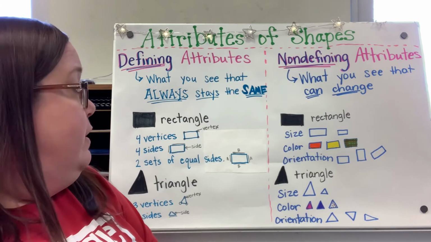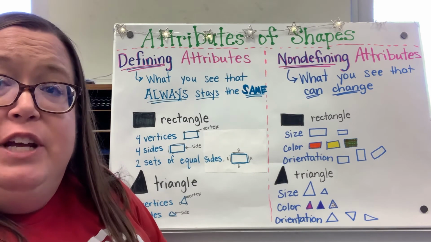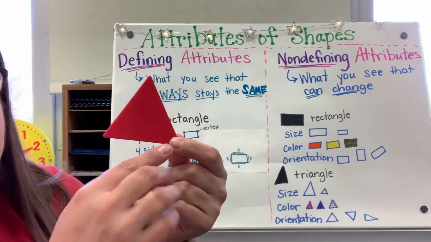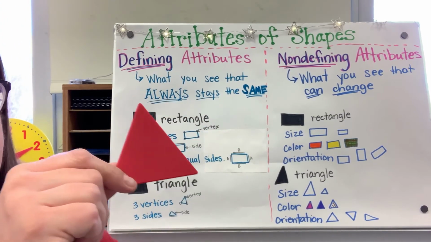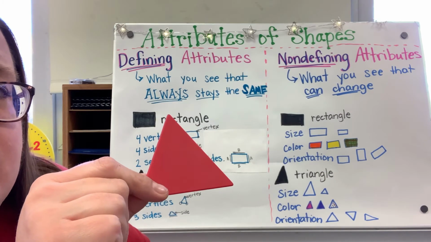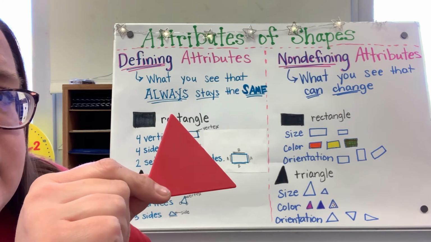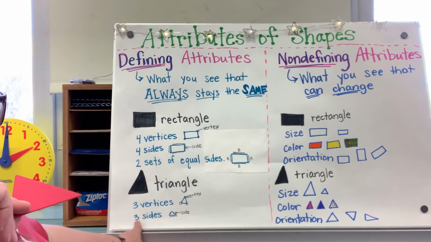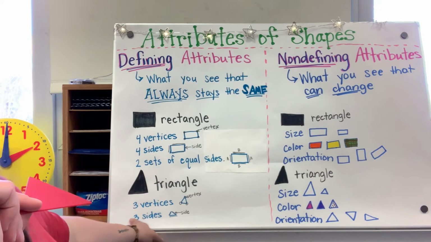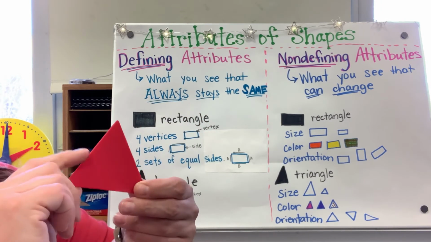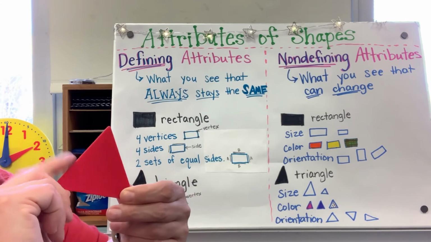Now, if I change the triangle and I give it one more side and one more vertex, so instead of having 3 vertices and 3 sides, it has 4 vertices and 4 sides. So if I add one more, does it become something else?